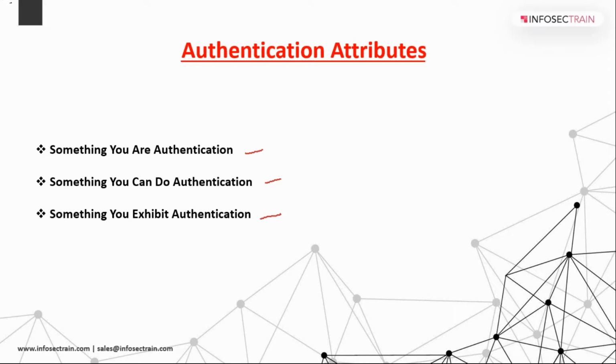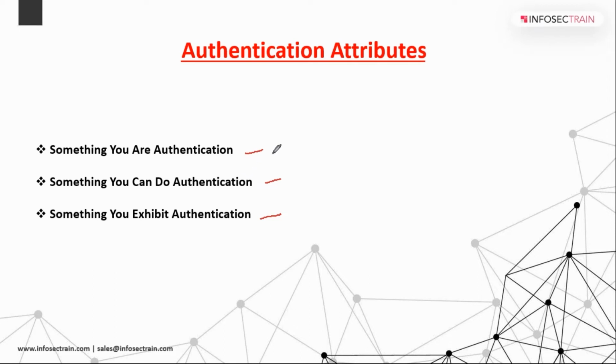We use them to compare the three main authentication factors, where an attribute is either uniquely proper, or that particular factor cannot be used independently. So we use these attributes.